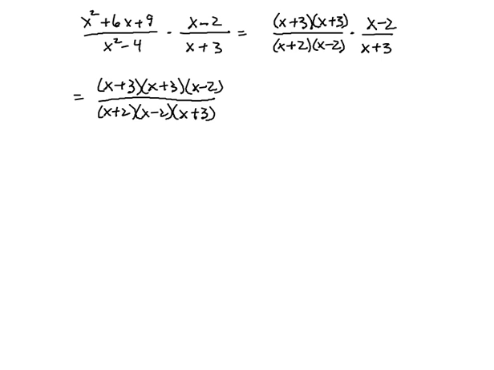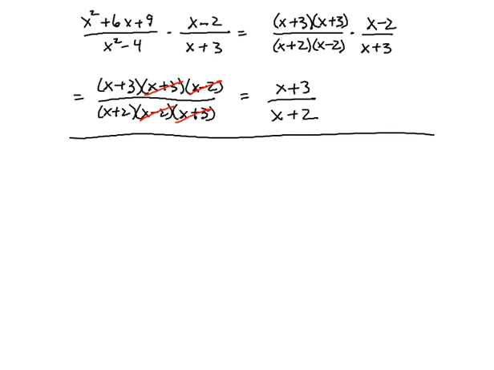Both numerator and denominator at this point are completely factored, and I can cancel like factors. The x plus 3 is a common factor between both numerator and denominator, and also the x minus 2. So that'll leave me with x plus 3 over x plus 2 as my final answer.